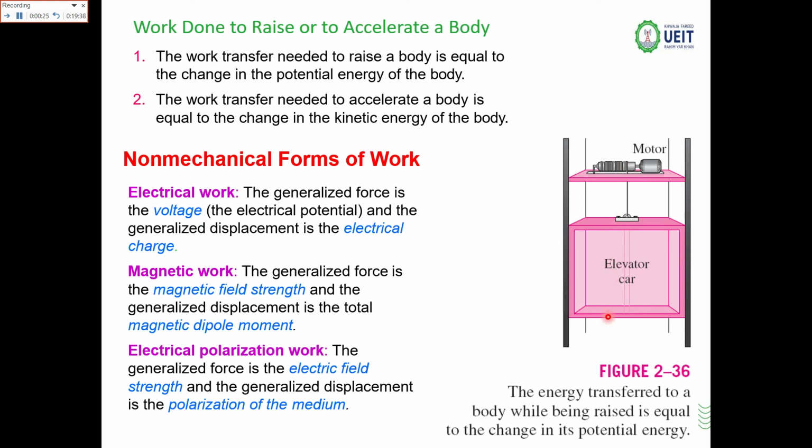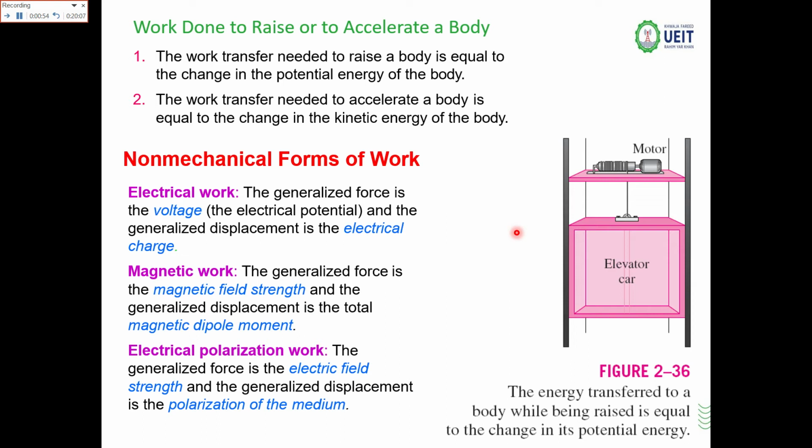In this case, the work done is mainly because of the potential energy of the body. Second, the work transfer needed to accelerate a body is equal to the change in kinetic energy. Like when you give throttle or press the pedal of your car, it starts accelerating, so you are increasing the kinetic energy of your car. In that case, the work interactions are mainly due to the kinetic energy.